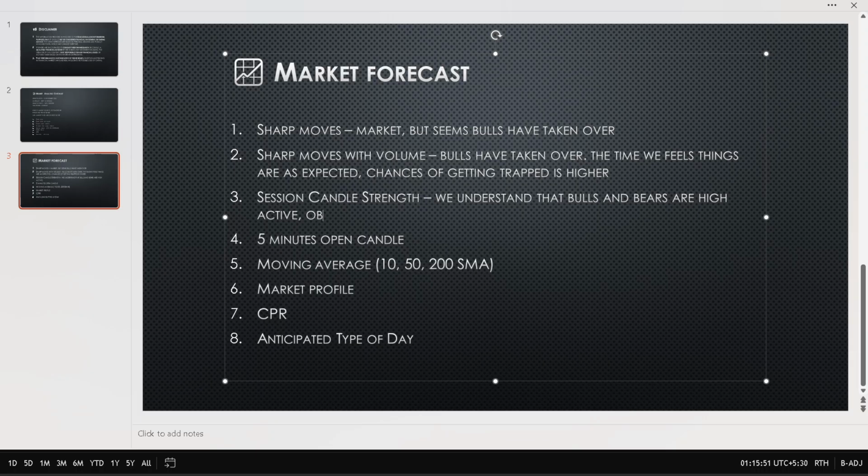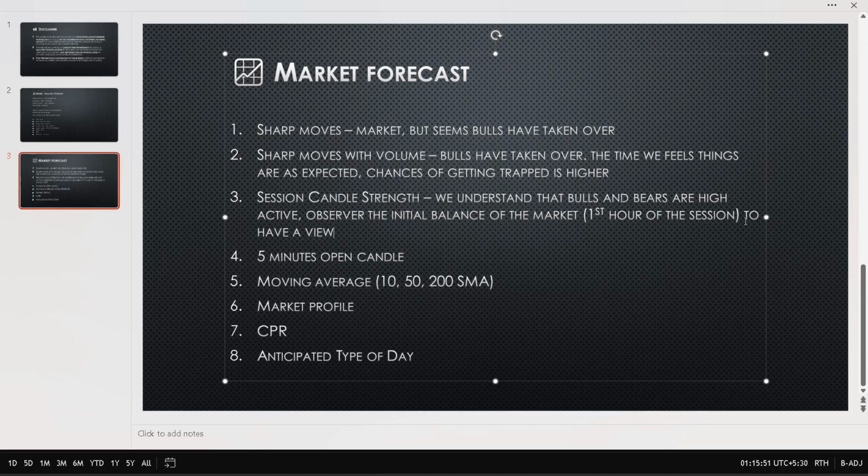Observe the initial balance of the market, that is the first hour of the session, to have a view.